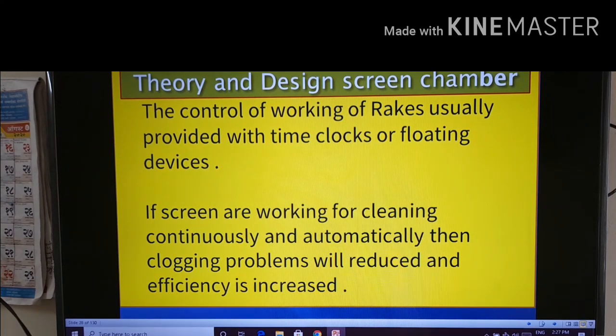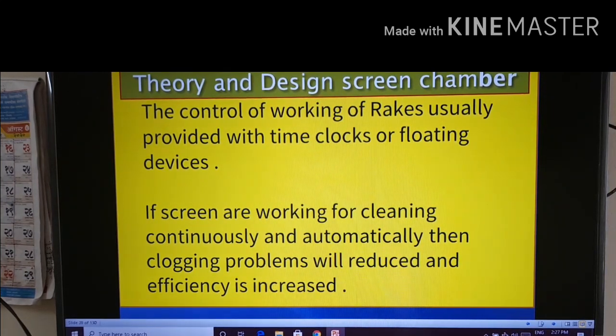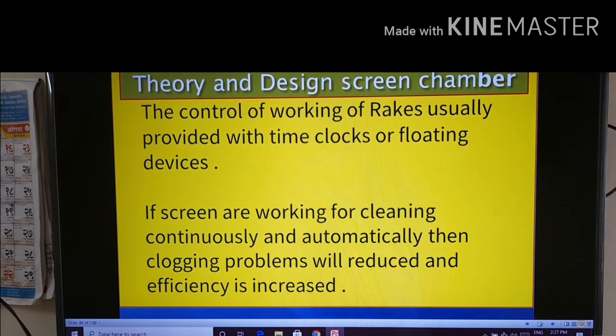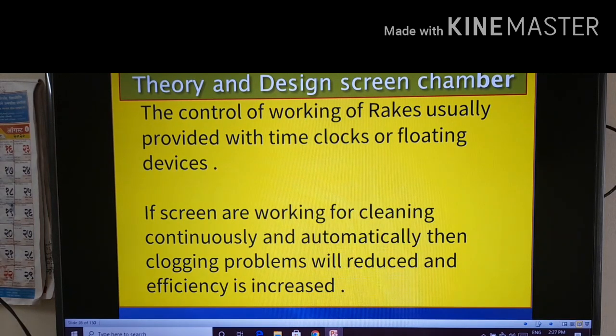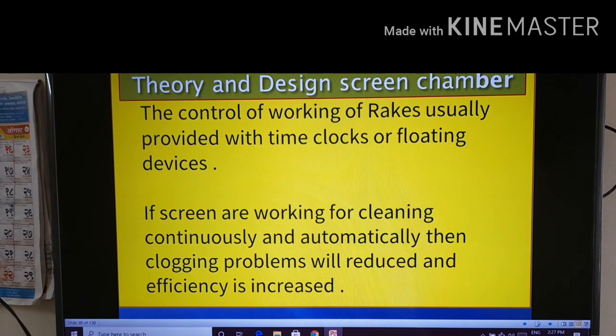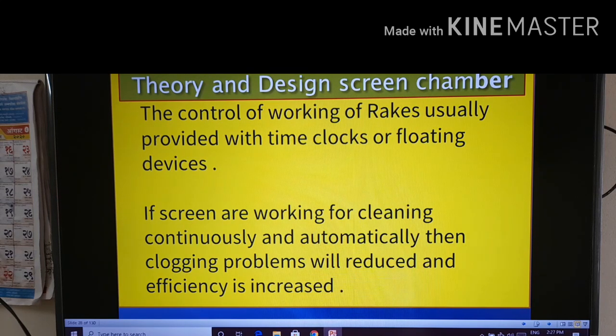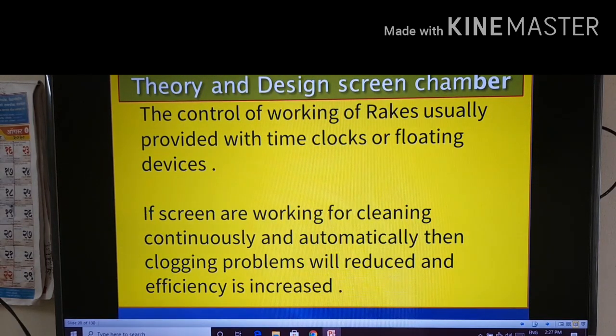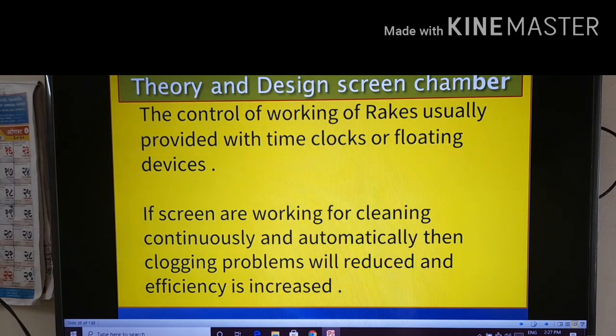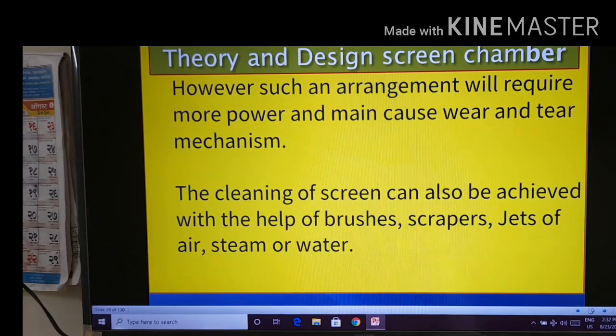That means you understand that after cleaning at the screen chambers, we are resolving the clogging problems and improving the efficiency of working of screens, and of the next steps provided in the sewage treatment plant. However, such an arrangement will require more power and may cause wear and tear of the mechanism.